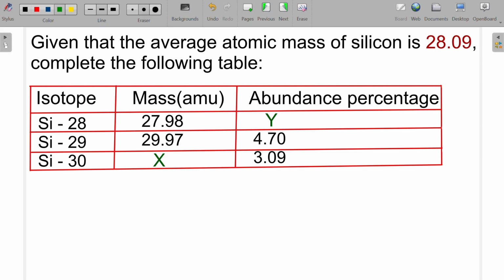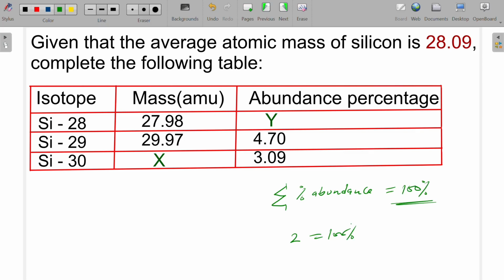To find the value of Y, we need to understand that if an element has two isotopes, the percentage abundances for those two isotopes must add up to 100. In other words, the sum of percentage abundance for isotopes must be equal to 100%.